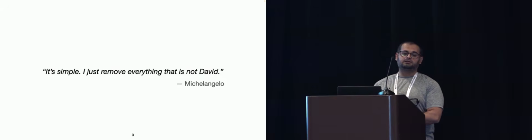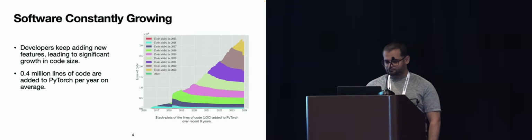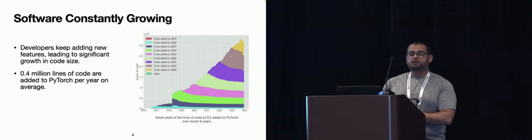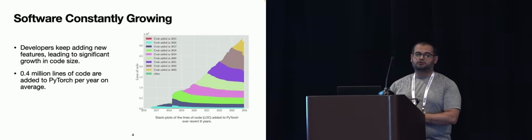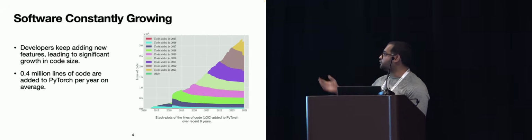The key aspect here is that this paper is doing software debloating for machine learning frameworks by removing any unneeded code from shared libraries. As you all know, software is growing, as developers keep adding more features, and this adds more code.